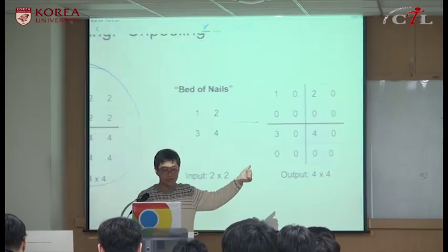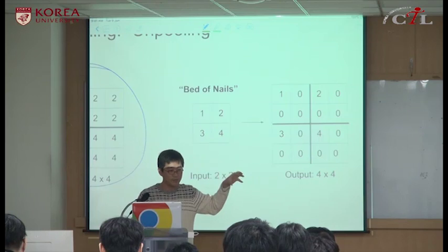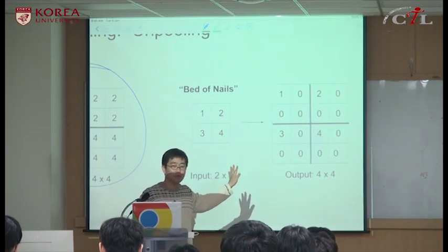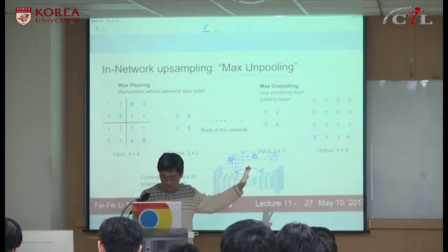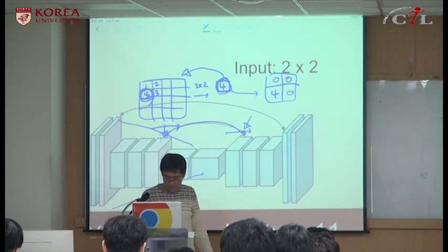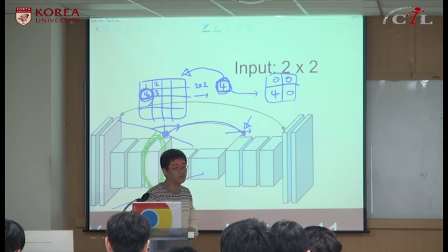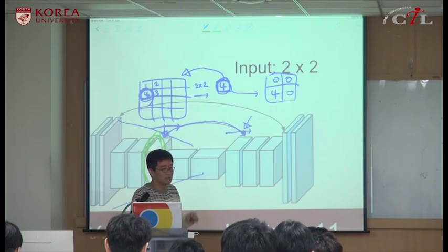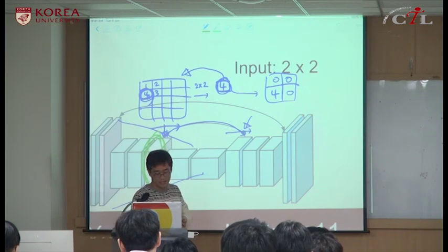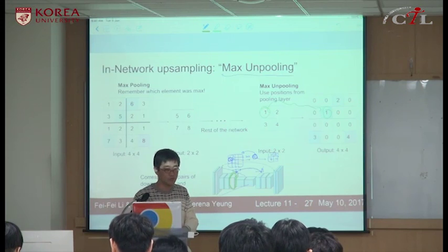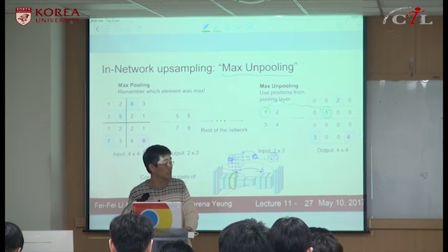And this is the second way of upsampling, by remembering the max value position in the encoding part, right? During our encoding phase, we remember where this max value was placed, the position of this max value, and then we just give it to that corresponding max value position during the decoding phase, right?